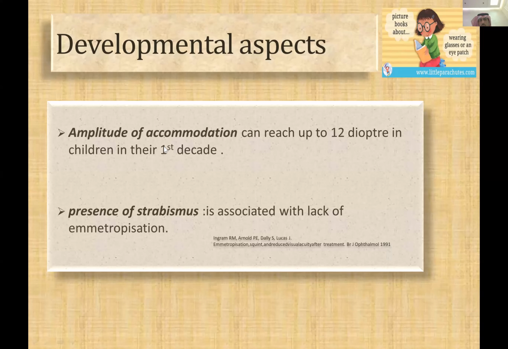Then when you do cycloplegic refraction, you'll find him plano or sometimes hyperopic. This is because of the strong accommodation in pediatrics. Presence of strabismus is associated with lack of emmetropization, as documented by some studies.